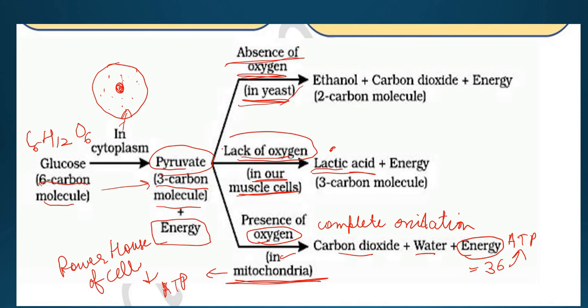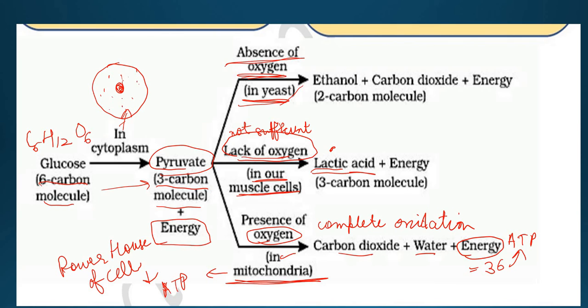It is a lack of oxygen. Lack means not sufficient. There is oxygen but not sufficient. As we know, when we are running, there is lack of oxygen during breathing.